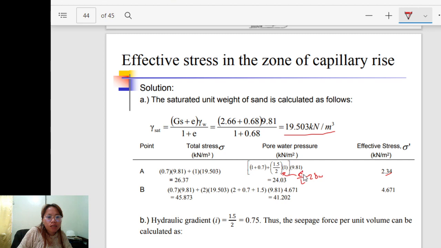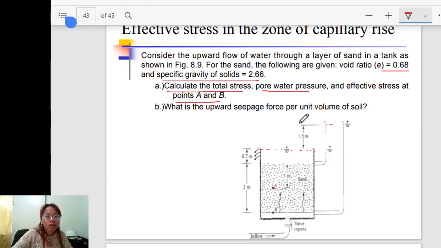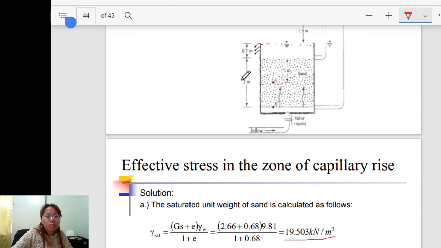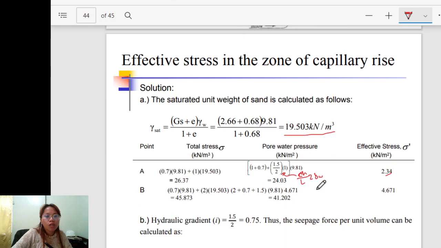So delta H, the head loss difference, is 1.5, divided by L, this is 2, no? This is L, the height of the soil profile. That is correct. The answer is 24.03, and the effective stress is total stress minus the pore water pressure, 2.34.